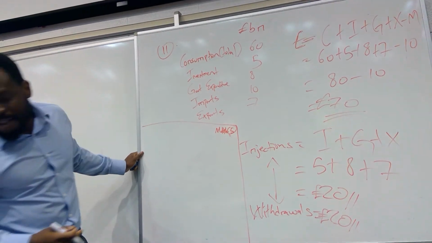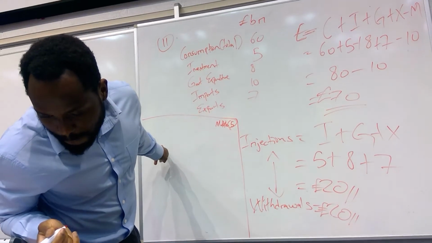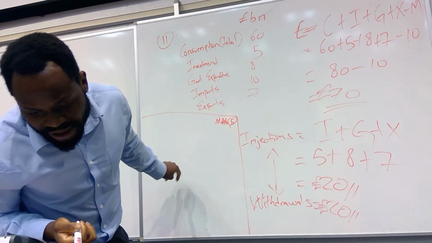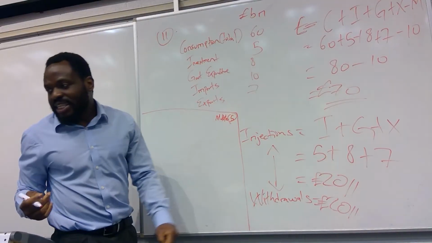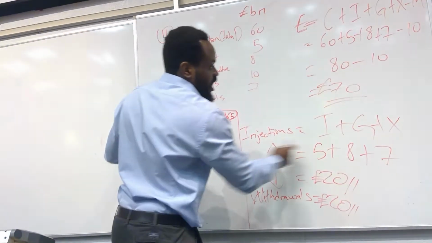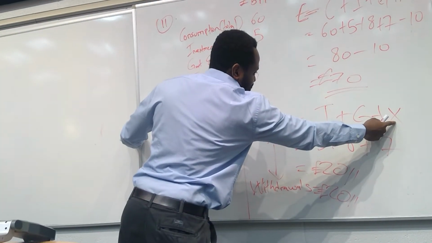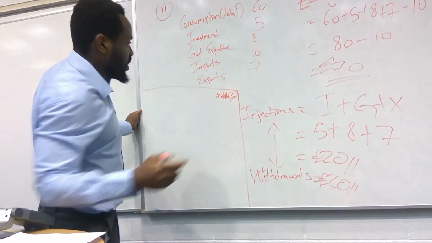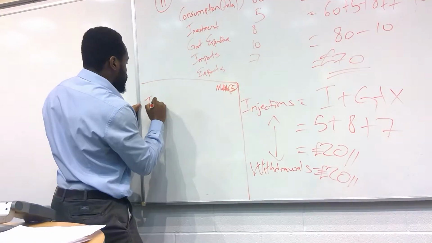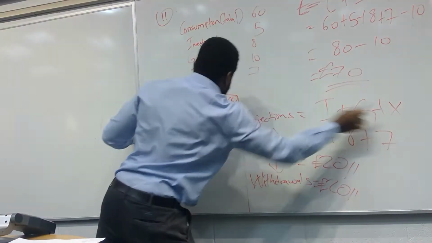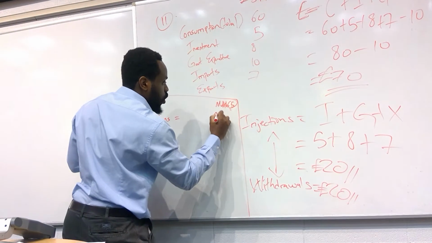It says that spending on exports rises by 4 billion. So what is that? That's an injection. Spending on exports, X here, is 4.